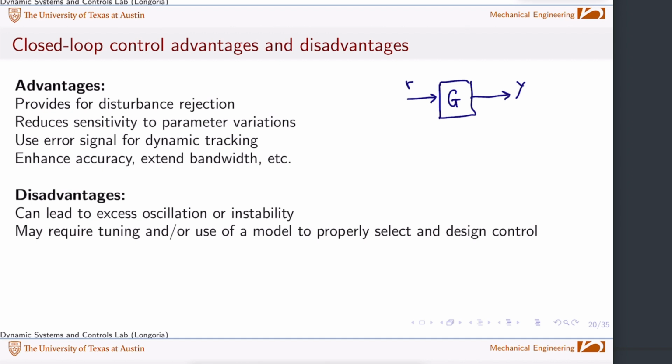But this gain here is based on your model understanding of the system. If there are some things that change here and this G is not exactly the G you thought, then obviously there's going to be some error in your output. Closed loop control is meant to reduce how sensitive your controller will be output to parameter variations.